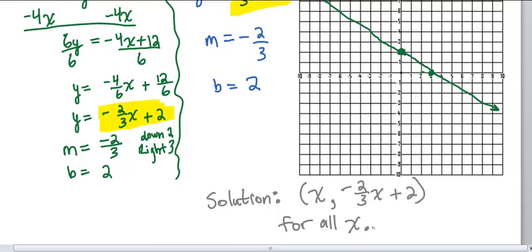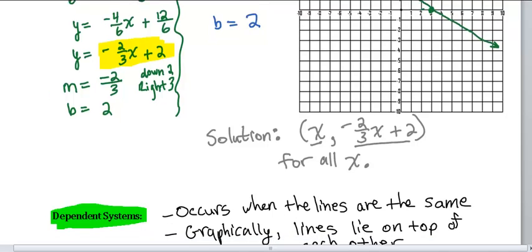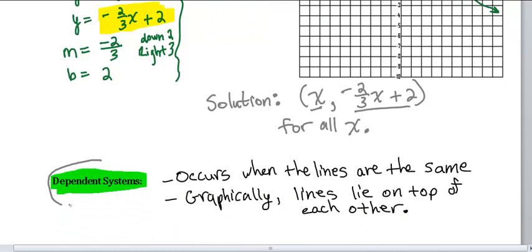That means you give me an x value, I can tell you a point that is a solution to this system, because all I have to do is plug in that number for x into my x coordinate and plug it in here for my y coordinate. And this is going to happen every time when we have a dependent system.